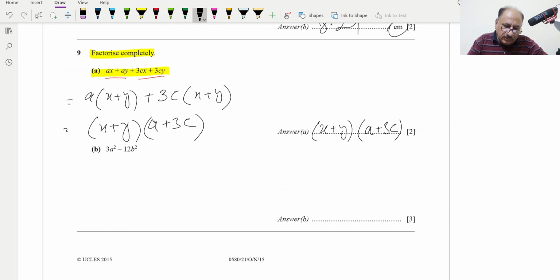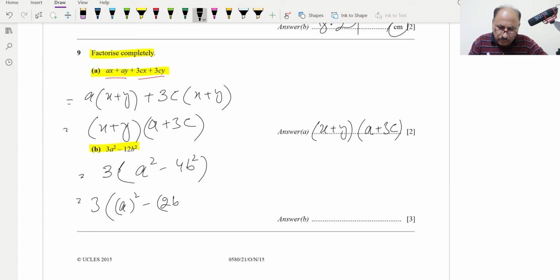Now for the b part, we have to factorize this. For this one we can take 3 common. Inside will be a squared minus 4b squared, and this one we can write as 3 into a squared minus 2b squared, and we can use the formula a squared minus b squared is equal to a plus b into a minus b.